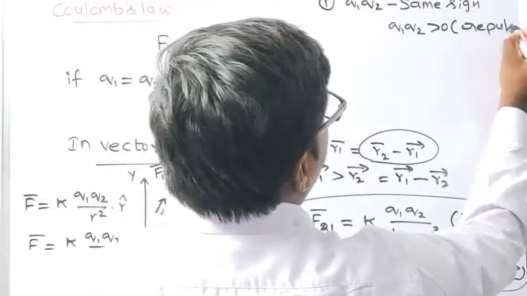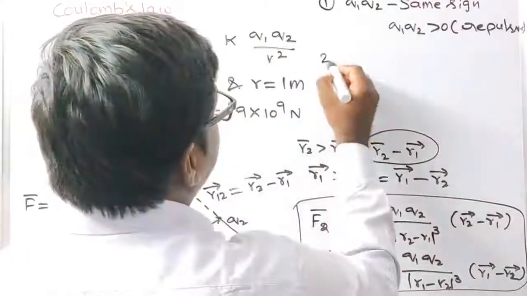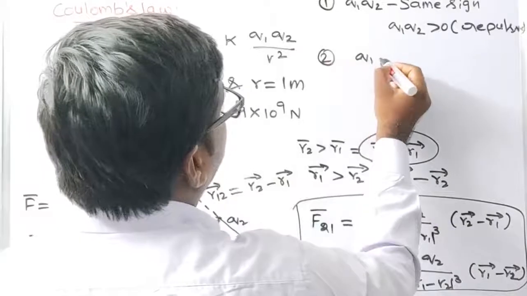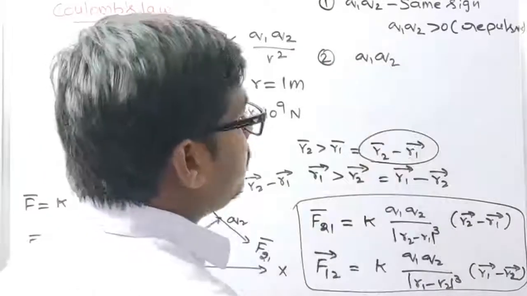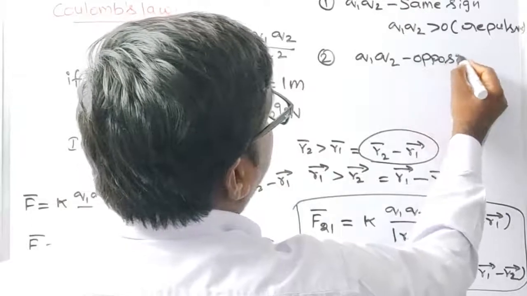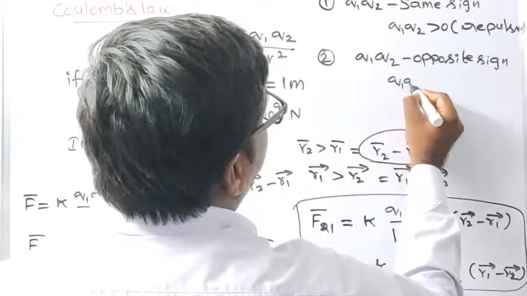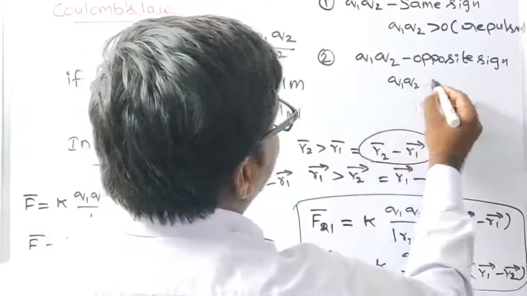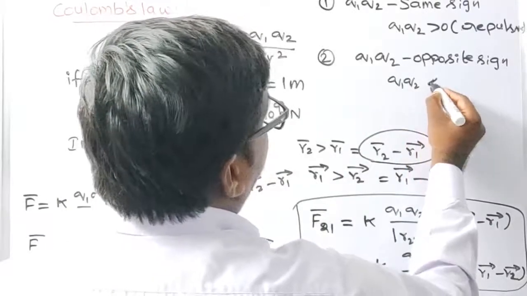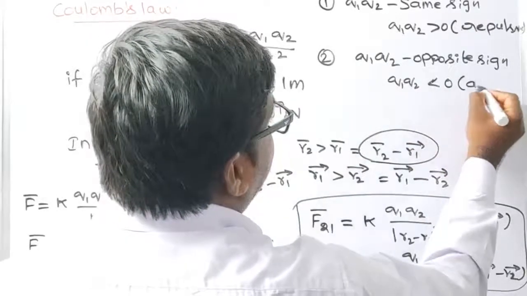The same charge means repulsive. If q1 and q2 are of opposite sign, then the product q1 q2 is less than 0, that is attractive.